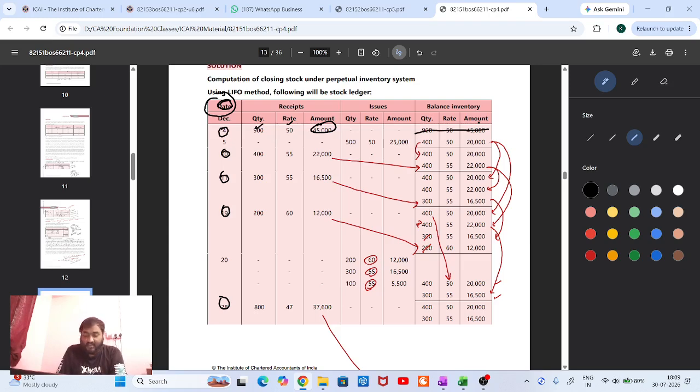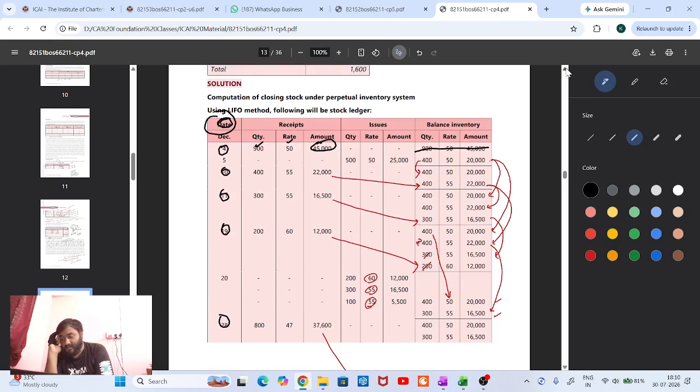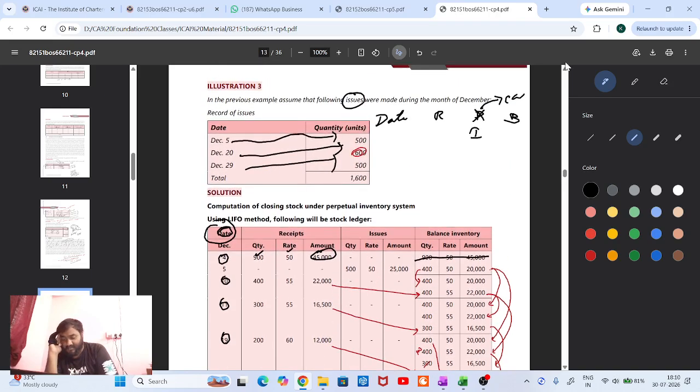Okay, we had done till here. On 5th December, we have purchased. The question is, they might have asked about LIFO instead of FIFO, right? Using LIFO method. Okay, well and good.